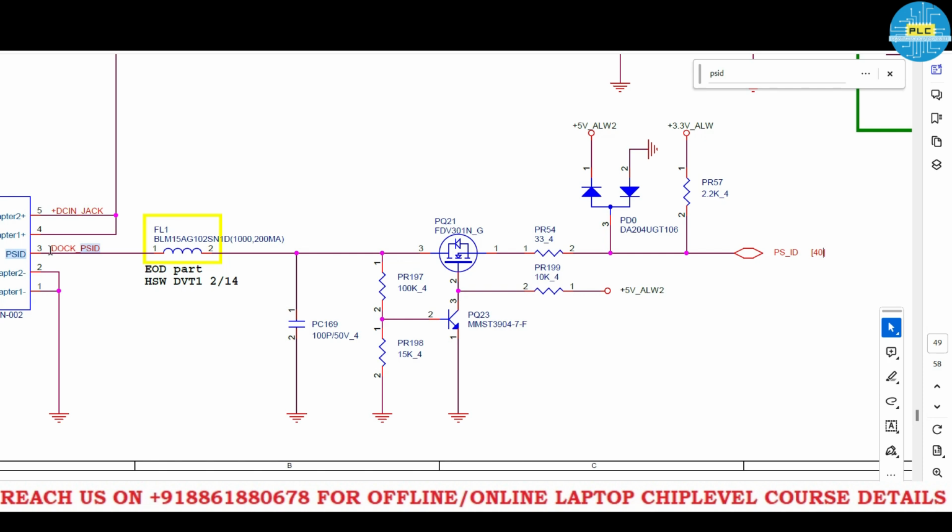See, it started from dark PSID. It went through a coil, and then directly it reaches here. Through this circuit, this MOSFET will operate, and then through the 33 ohms, it will convert as a PSID.